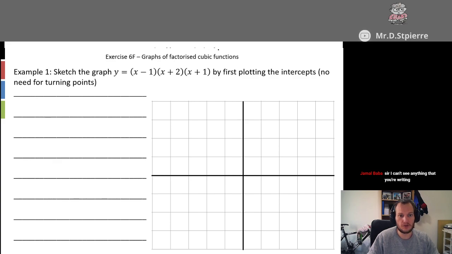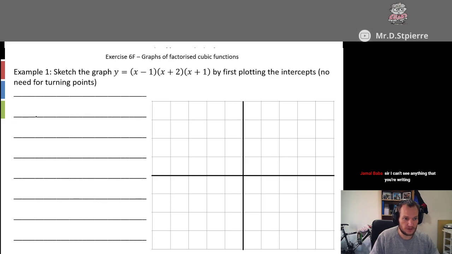Now, one way to know between the 2 different versions is finding the y-axis intercept. If we find the y-axis intercept, we can then have a good idea which way this is going through. So let's find our y-intercept by letting x equals 0.